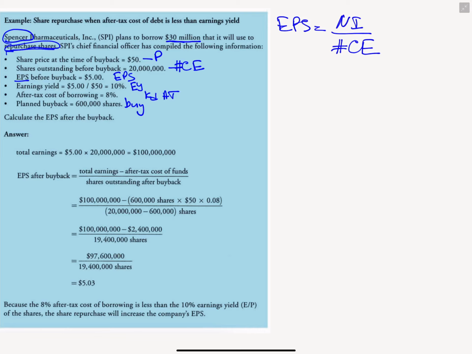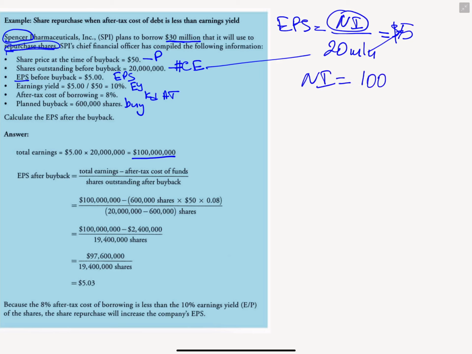If the EPS is $5 and we want to find total earnings, net income, and the shares outstanding are 20 million, we multiply them, and we have a net income of 100 million. Total earnings is 100 million.